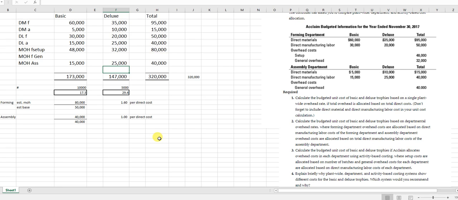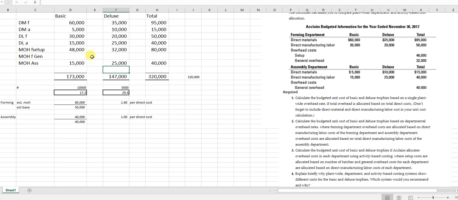So if some of you looked at that and say, well, why don't I just simply do 15/40ths times the 40,000, you're going to get the same number, except sometimes you develop your overhead allocation based on a year, and then they ask you for a month. Okay, and so your numbers won't be ratio of the same. This one is simply giving us the year numbers and asking us for the allocation based on the year.